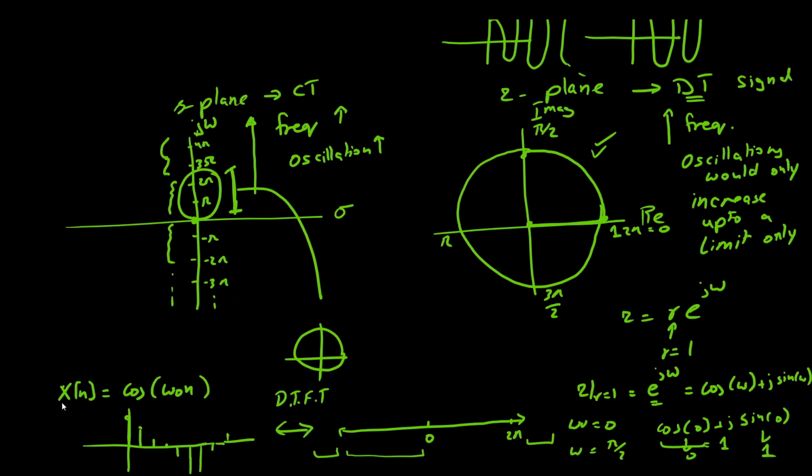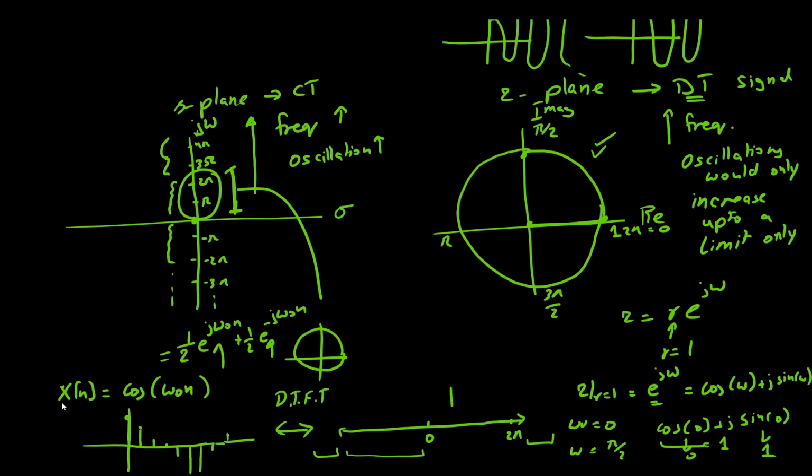So this cos of omega naught n, we can break it down into exponentials by Euler's identity. That is, we can have 1 over 2 e to the j omega naught n plus 1 by 2 e to the minus j omega naught n. So from these exponentials, we would have two direct delta functions in the magnitude response.